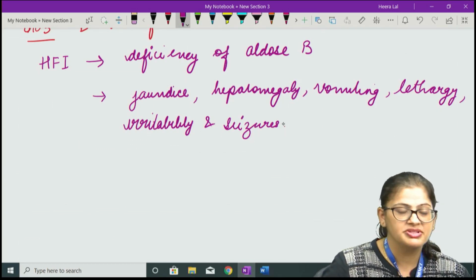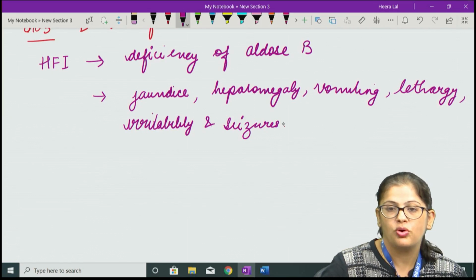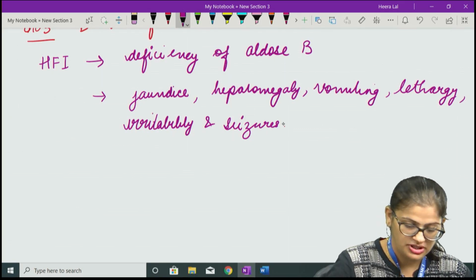So usually symptoms occur when sucrose or fructose is introduced into the diet.